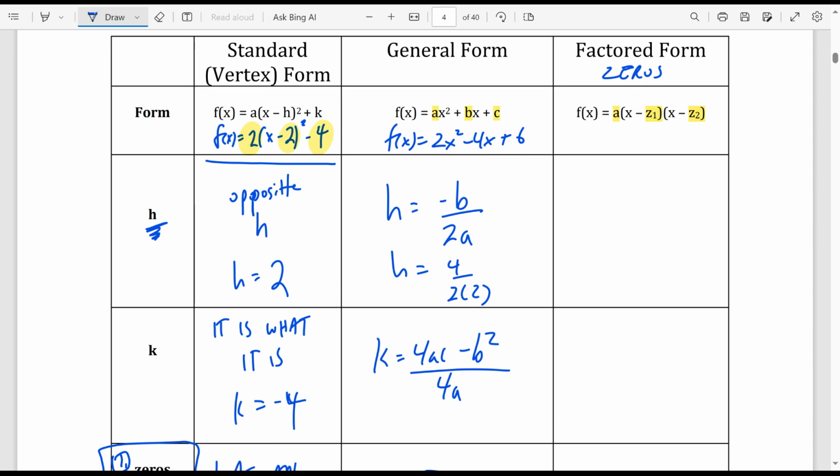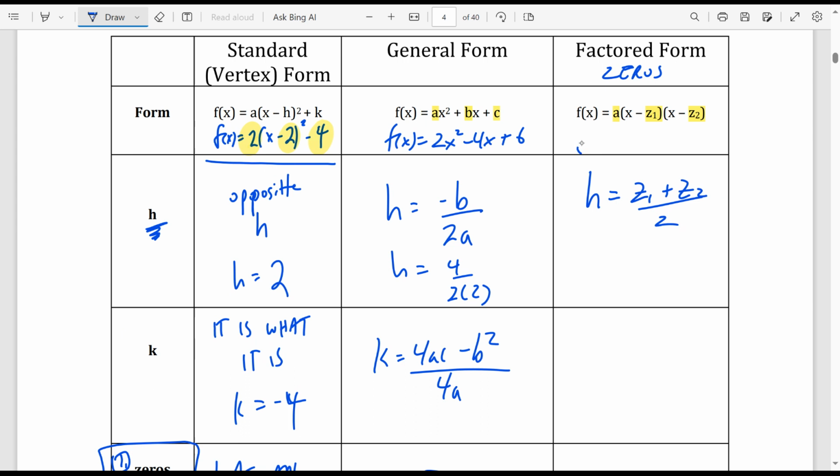Let's just say I now identify that I have factored form in a question. This one is a little bit different to wrap your brain around. It starts out with a formula, z1 plus z2 all divided by 2.